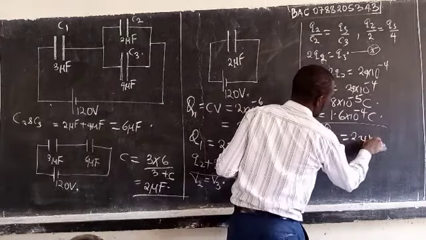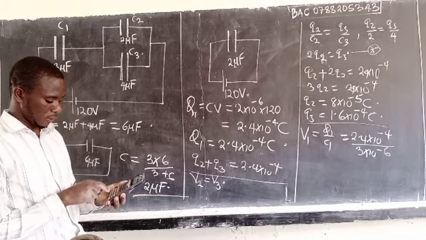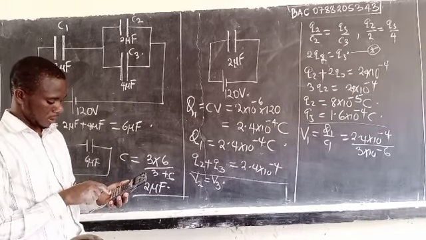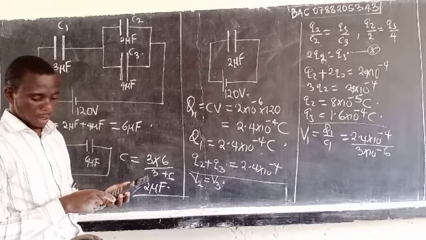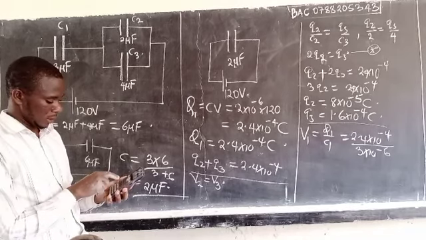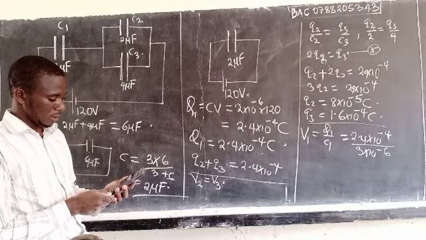So when you press that on the calculator, what do you get? 2.4 exponent -4 divided by 3 exponent -6. It should be giving you something like 80 volts. Yes, so this one gives you 80 volts.